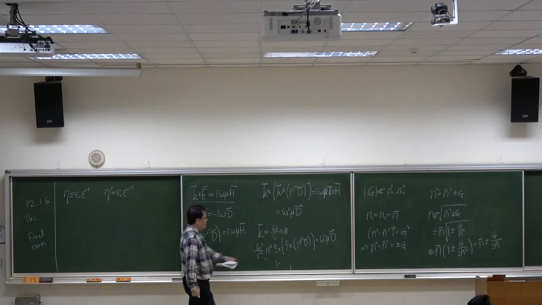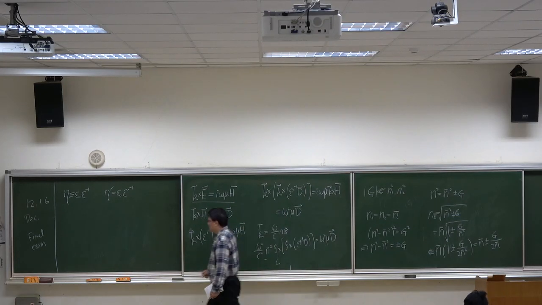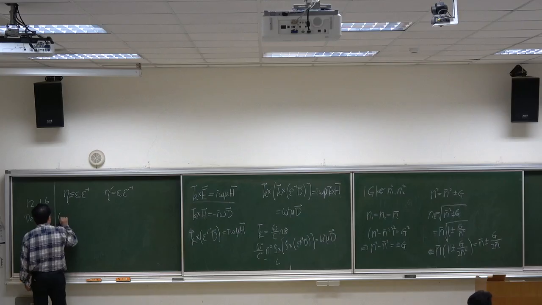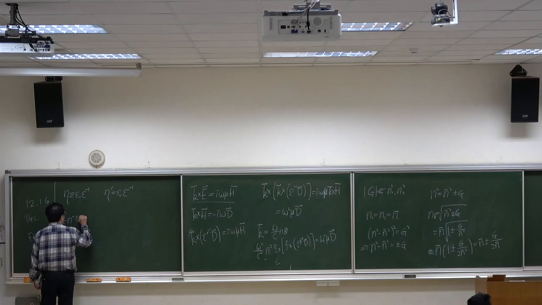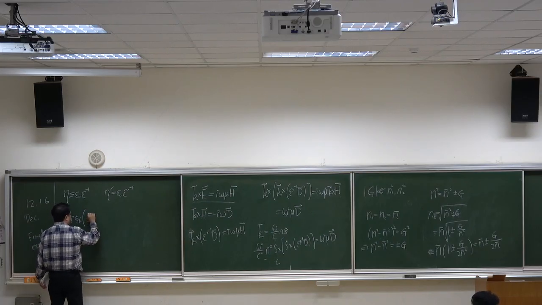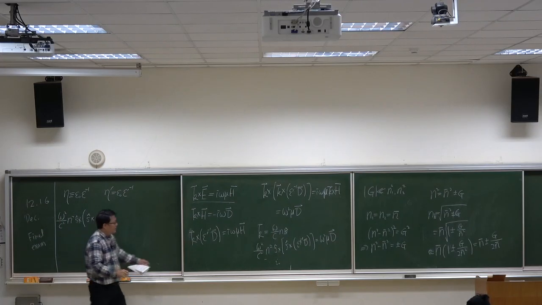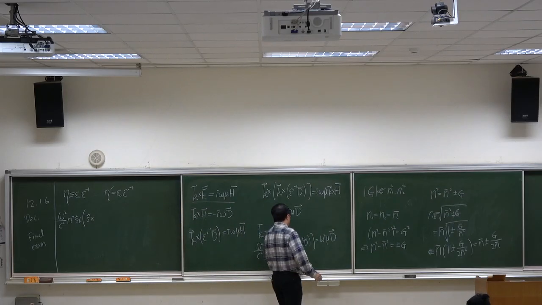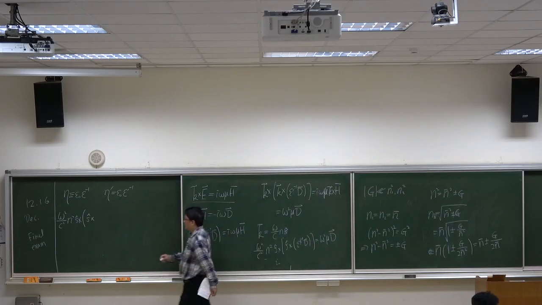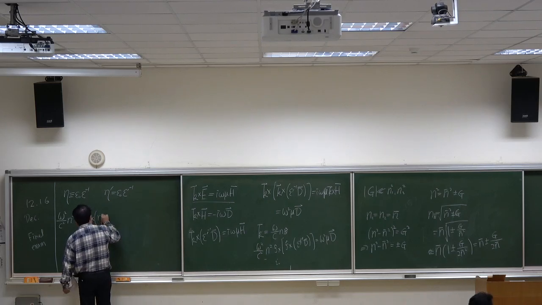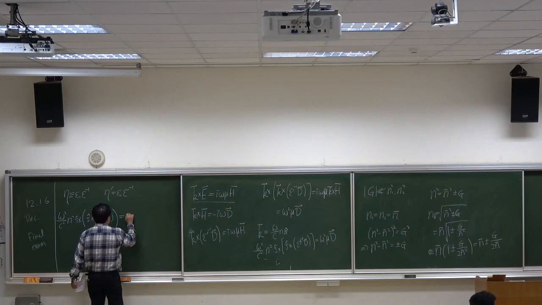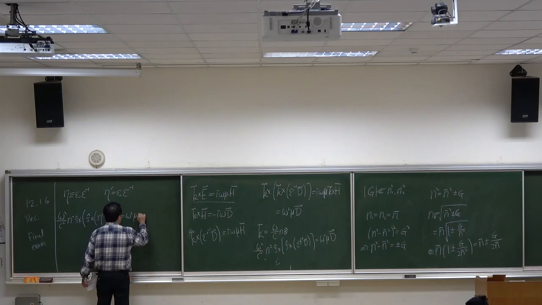And then this tells us that omega squared over c squared n squared times s cross epsilon 0 times epsilon prime inverse, which is equal to eta prime times d, is equal to omega squared times mu epsilon 0 times d.